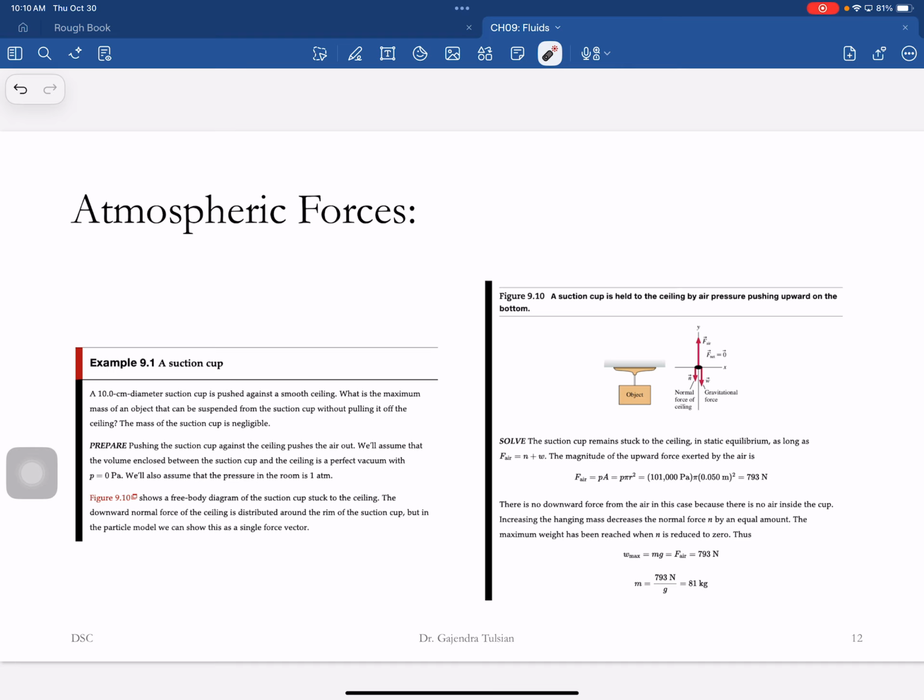All right, now we'll demonstrate atmospheric pressure forces. Okay, so here is a suction cup. Okay, what does the suction cup do? I mean, we've all used a suction cup.